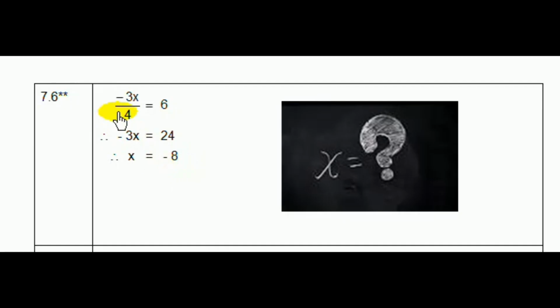What I teach my pupils in the classroom is the following. If you want to get rid of that divided by 4, well, get rid of it. Don't write it. Just write minus 3x. If you've written minus 3x, then ask yourself, what have I done to get that one to this one? And the dividing by 4 is gone now, so multiply by 4.